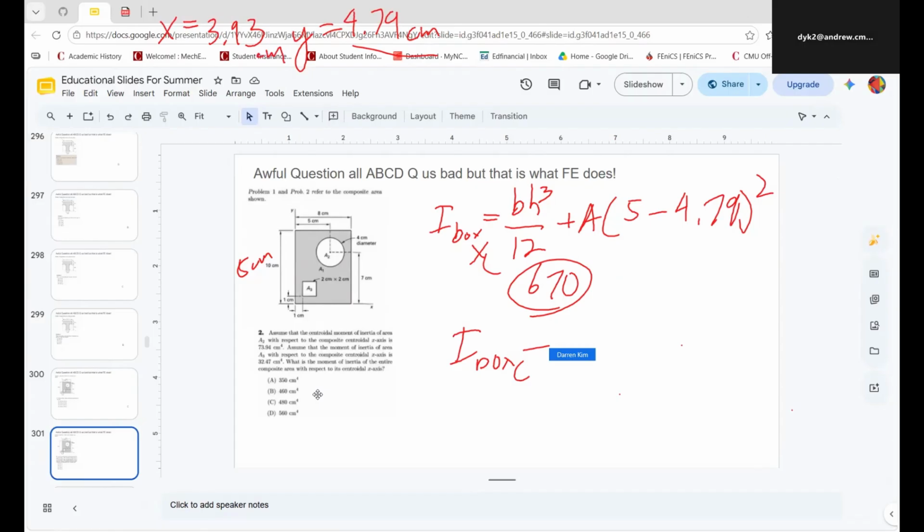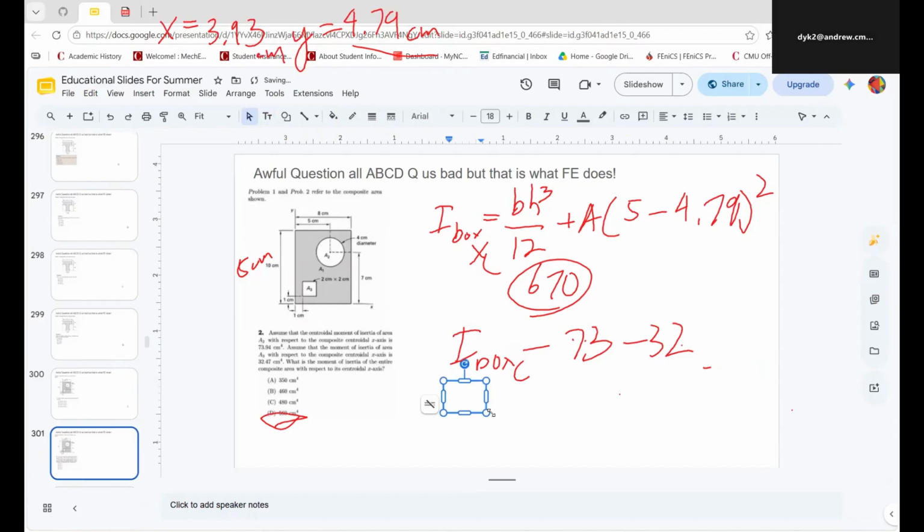Where was the other one? 73 minus 32 should give me 565. I'm thinking it's just round down to D. I think D might be the answer. We'll be moving on right now because I think it's just a rounding mistake. I got 565, but maybe they just round down, or maybe I did a rounding error that caused a little bit of mistake here and there. But either way, it is D.